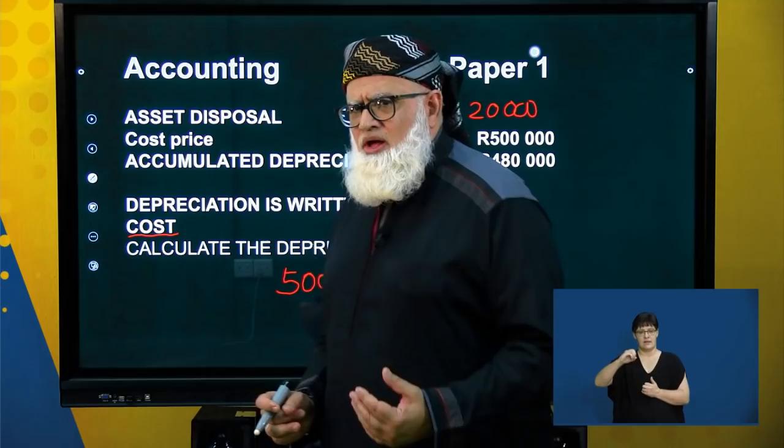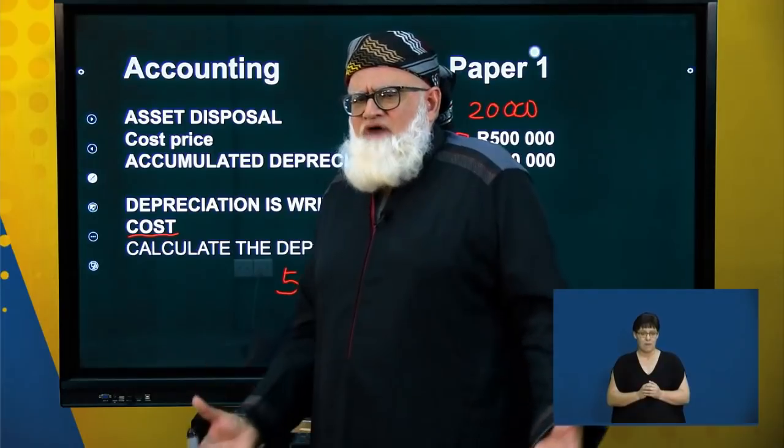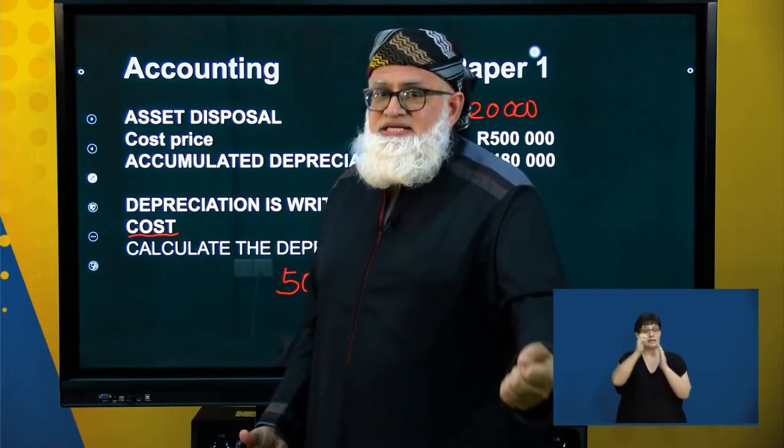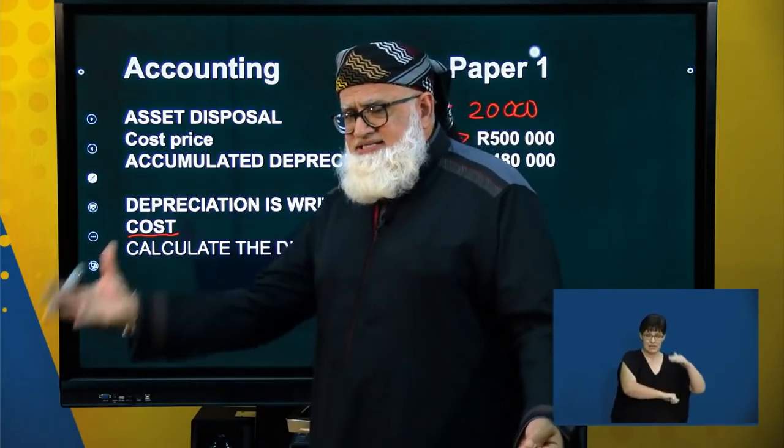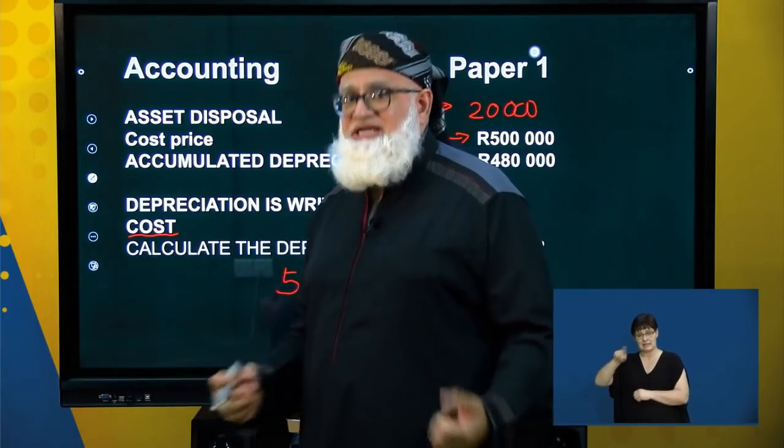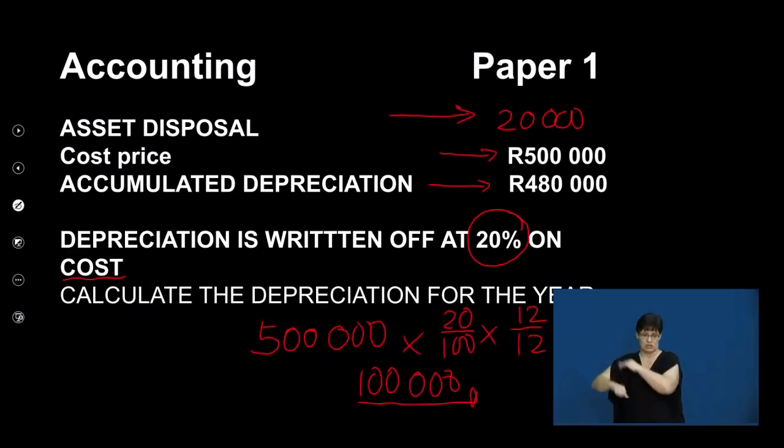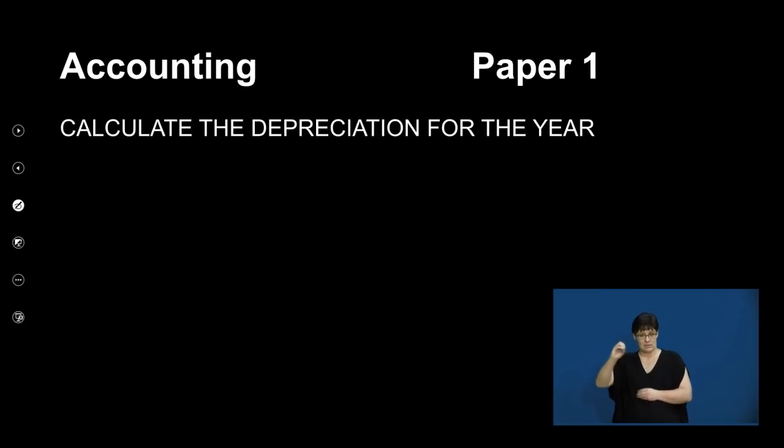Okay, now, my entry for depreciation obviously is debit depreciation, credit accumulated depreciation. In other words, your accumulated depreciation needs to go up. And you can see that in this case here, I know that my cost price was 500,000.